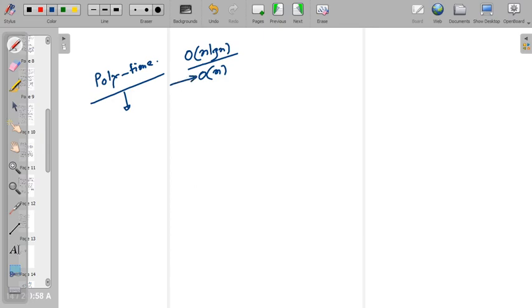Have you seen any algorithm which runs in order of n time? Linear search, order of n time algorithm. Can you name another algorithm discussed in the class with order of n time?